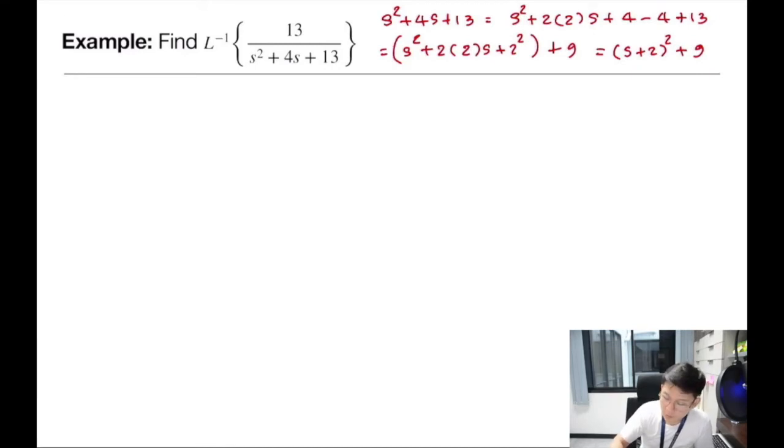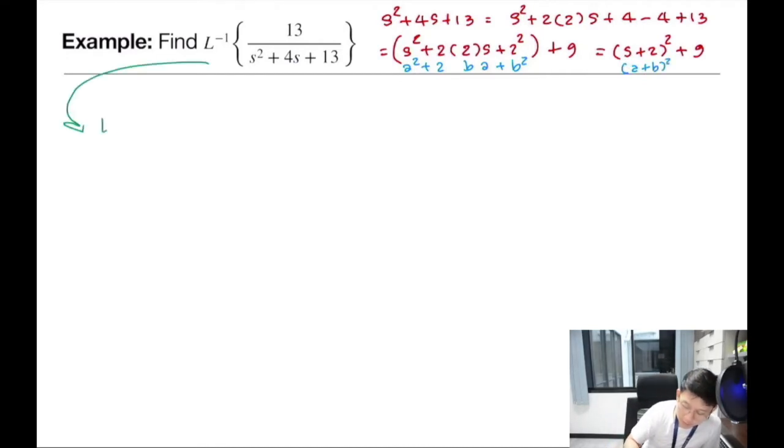Guys, here you can look at this as a squared plus 2ab plus b squared, which is a plus b squared. That's the formula for the perfect square. So this can be rewritten as 13 divided by s plus 2 squared plus 9.